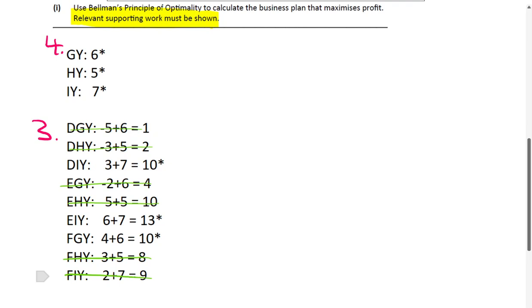Okay, so that's what we have now. We have three possible routes: DIY, EIY, and FGY.